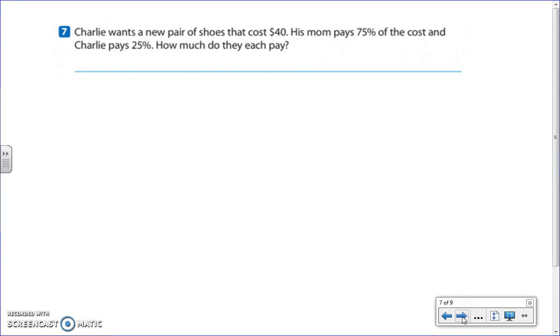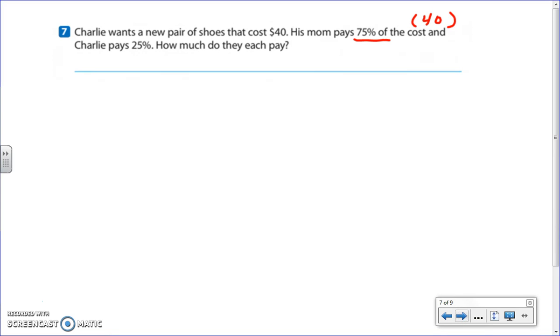This example says that Charlie wants a new pair of shoes that cost $40. His mom pays 75% of the cost and Charlie pays 25%. How much do they each pay? Okay, so when I solve these types of problems, I speak the words out loud. I think of the words I'm using. So his mom pays 75% of the cost, in this case, 40.